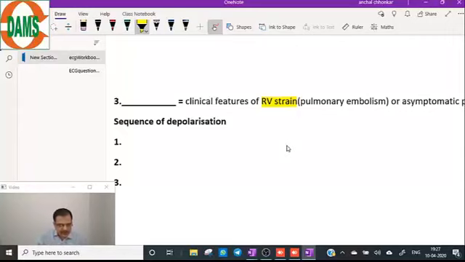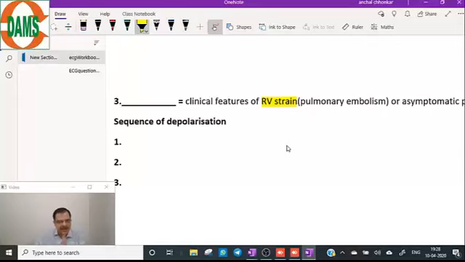It is a combination of S wave in V1 and R wave in V5 or V6. In V5 or V6, S wave will be deep, no doubt, because posterior wall also gets hypertrophied, but that is not taken into the criteria because that is not so sensitive and important a criteria.